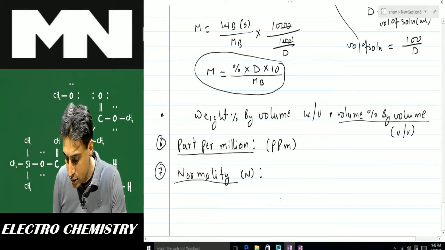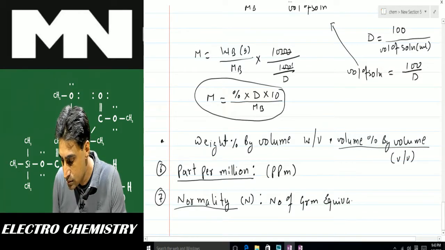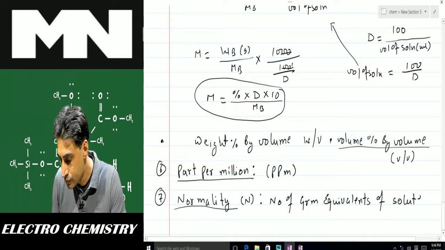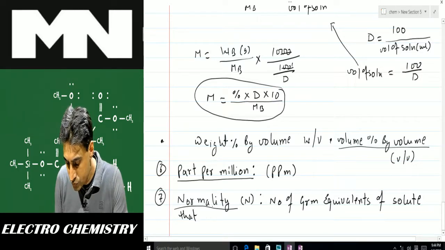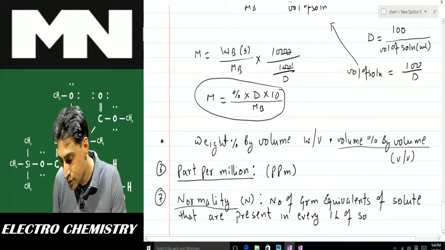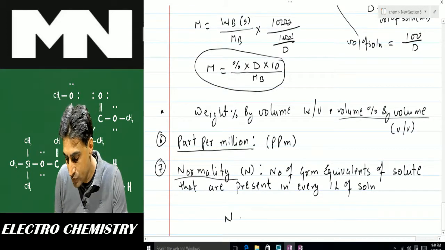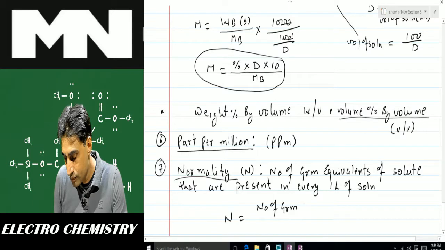So normality is the number of gram equivalents of solute that are present in every 1 liter of solution.